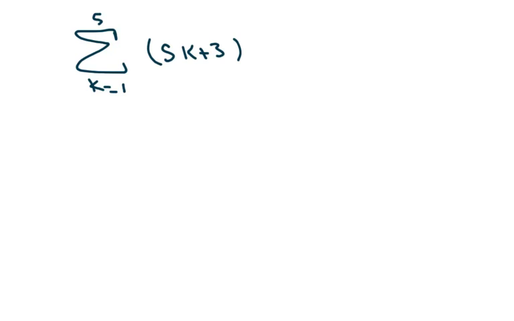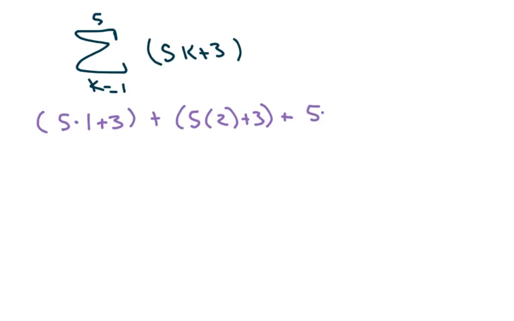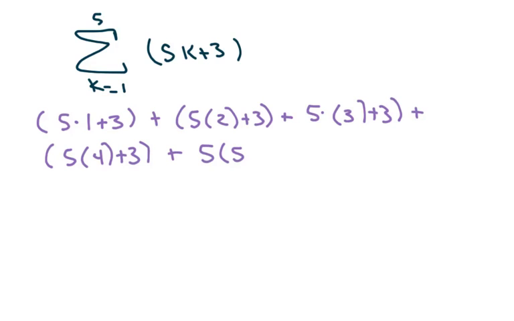So basically we're getting 5 times (1) plus 3, plus 5 times (2) plus 3, plus 5 times (3) plus 3, plus 5 times (4) plus 3, plus 5 times (5) plus 3.